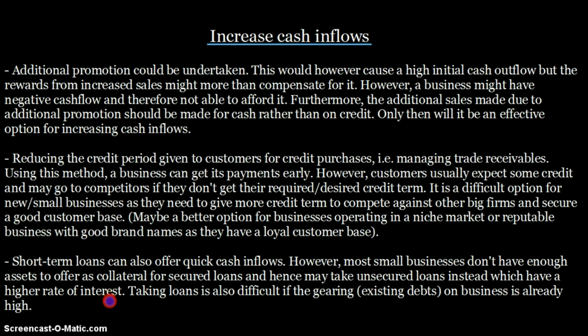So that means perhaps you now have a good cash inflow because of loans, but because of this higher rate of interest, there might be a greater cash outflow, when you don't want that.